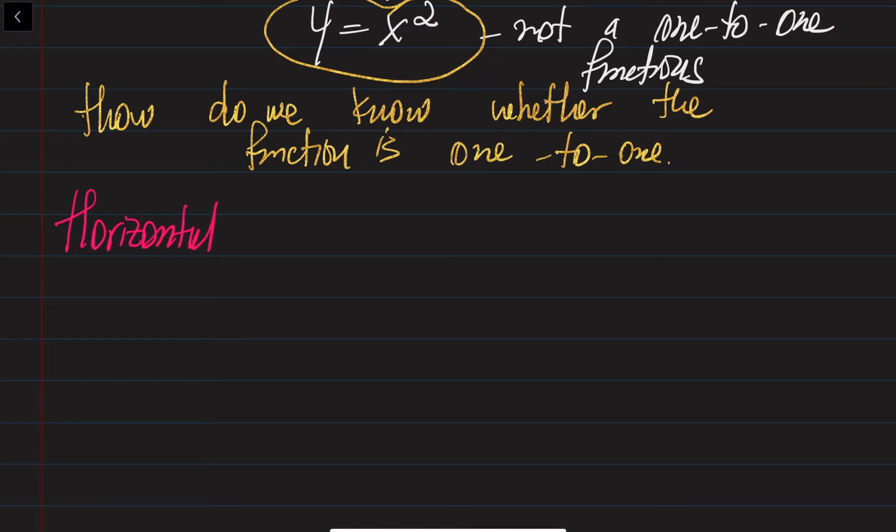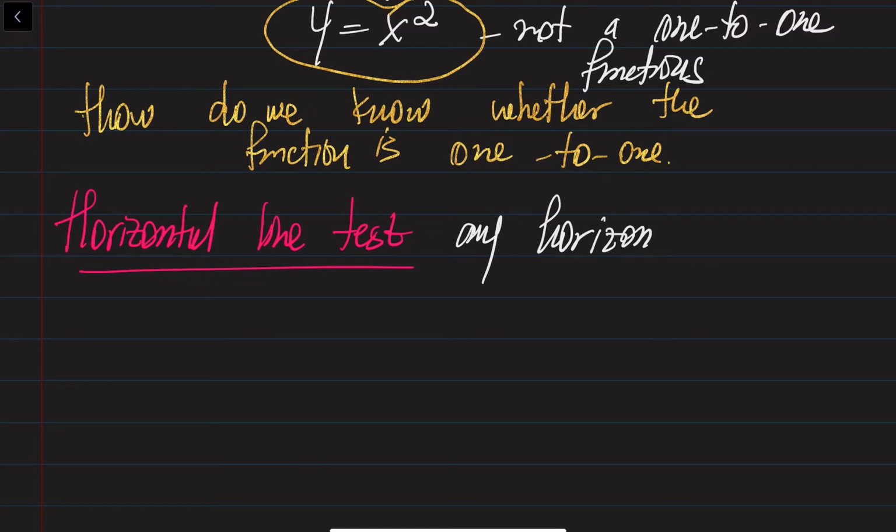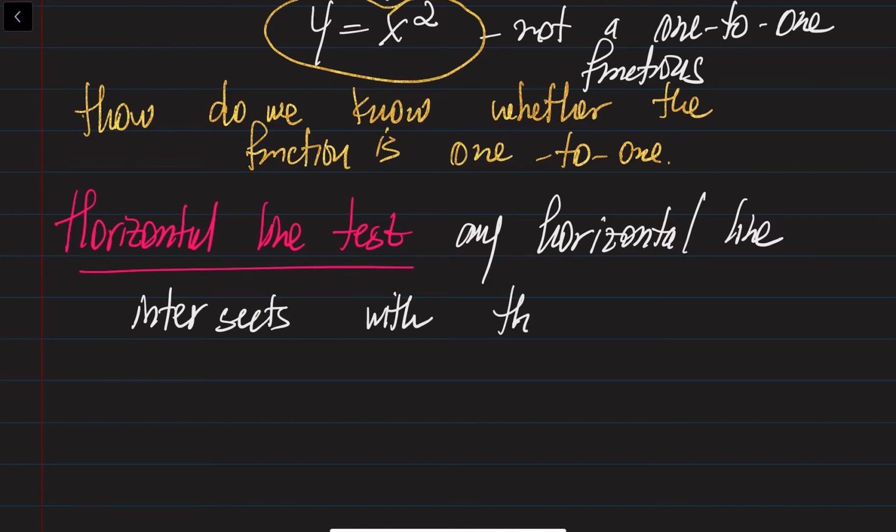What does the horizontal line test tell you? That any horizontal line should intersect with your curve at most once.